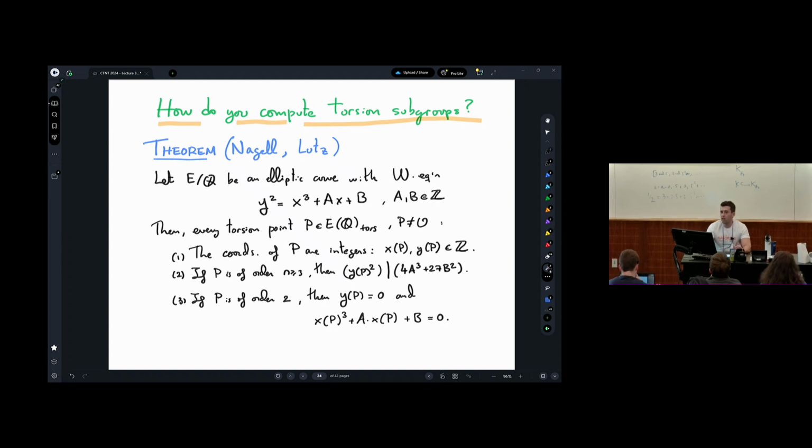Remember that that quantity appeared in the discriminant, so it has to be related to the discriminant of the elliptic curve. But this gives you a way to compute all the torsion. I know how to compute 2-torsion, and for any other order torsion, this gives me a list, because I can compute this number, find the factorization, and then find what squares divide that number. Yeah?